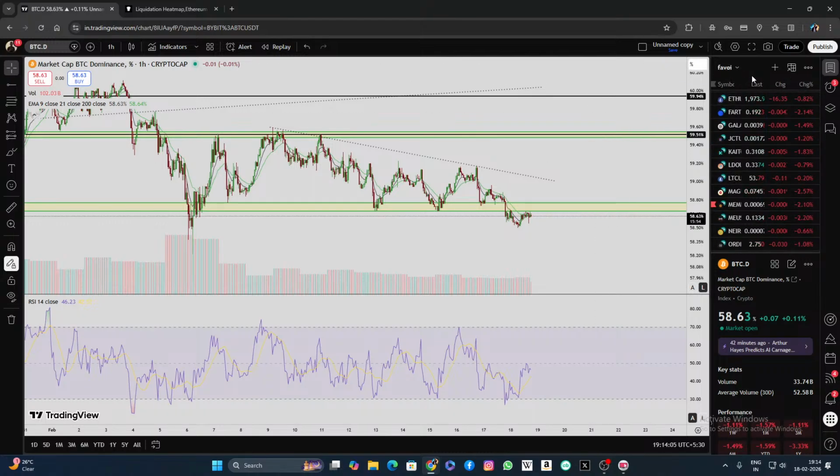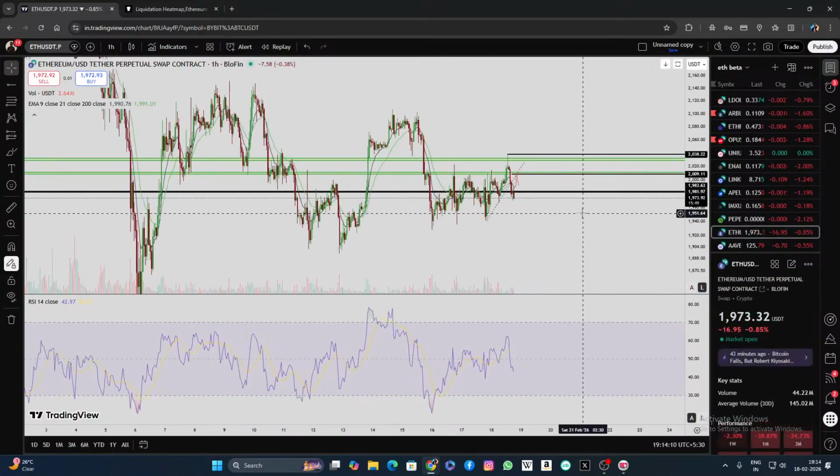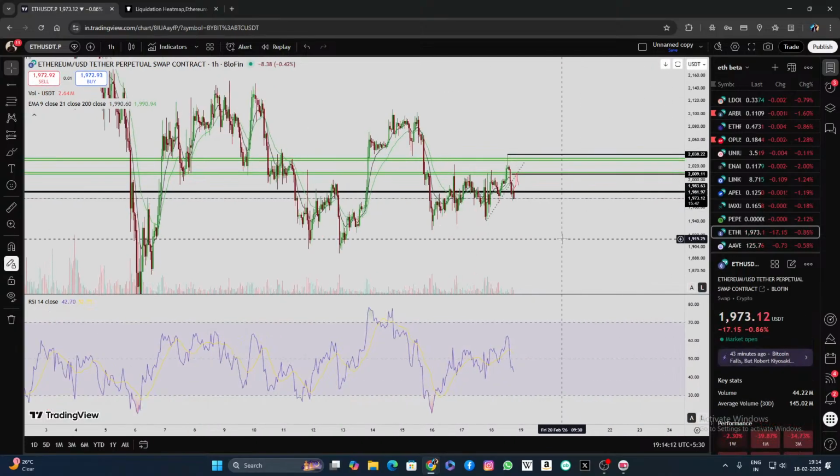That's why I was looking for a long in ETH, but anyway it broke down, so I happily exited the trade.